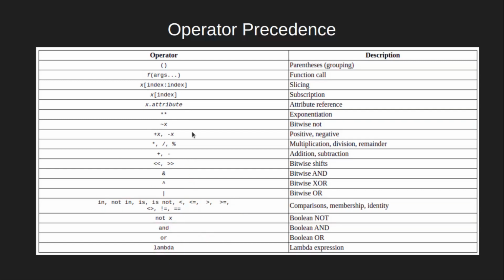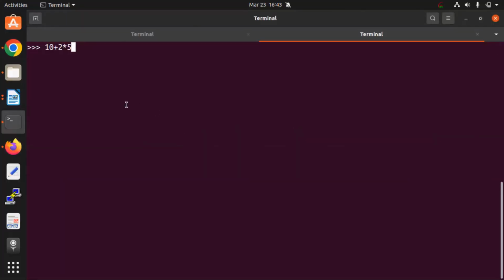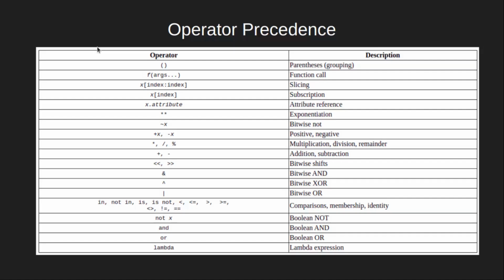So let's take an example for this. Now, one of the most basic operations we generally perform is multiply, divide, add, or something. So let me take this example. Here we can see we have a plus operator and we have a star operator. There is no bracket, and none of the other operators are present. So we only have a star operator and a plus operator.